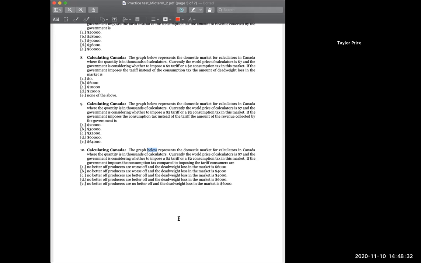Currently the world price of calculators is $7 and the government is considering whether to impose a $2 tariff or a $2 consumption tax in this market. So if the government imposes the consumption tax compared to imposing the tariff, consumers are what? And the correct answer is B, no better off or worse, because the deadweight loss in the market is 4,000.